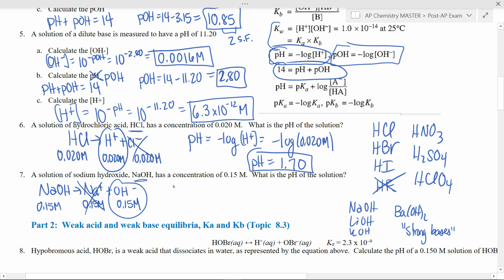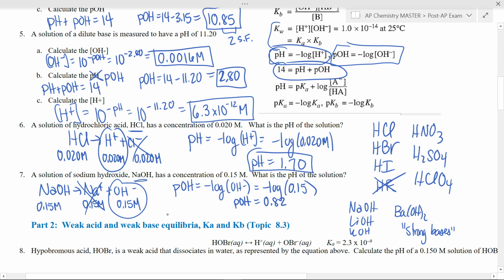So with the bases, I'm going to find my pOH first. My pOH is the negative log of my hydroxide concentration, the negative log of 0.15, and that gives me 0.82. But the question asked me for pH, and what I have right now is the pOH.